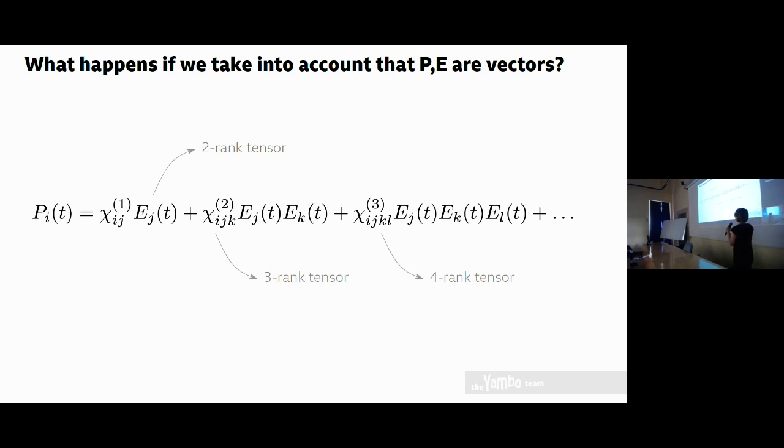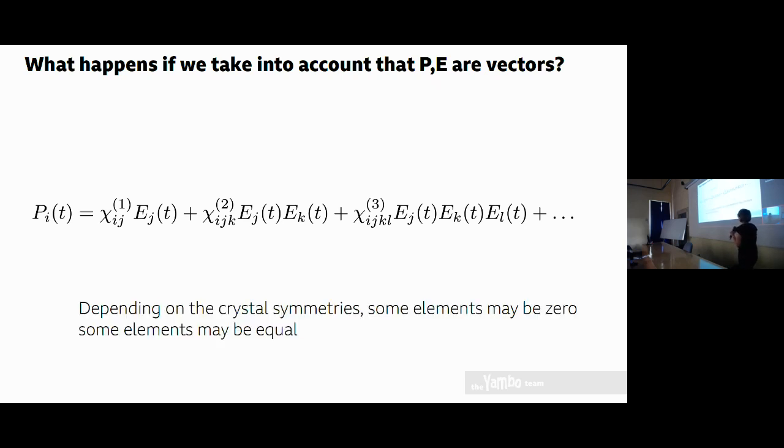Because you see, for example, in the second order, to get the polarization component I can have a field along some direction J, and the other component of the field along some direction K, and similarly for higher order. So those are not just simple numbers, but they are tensors.